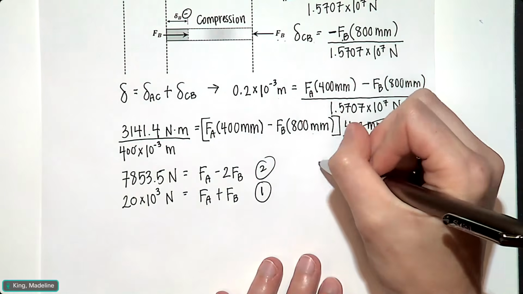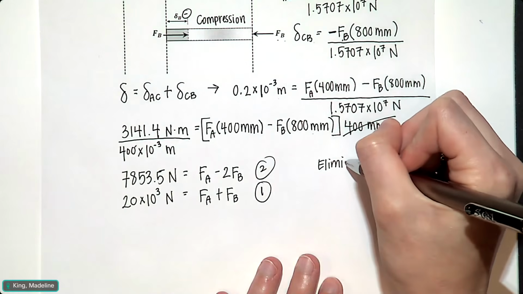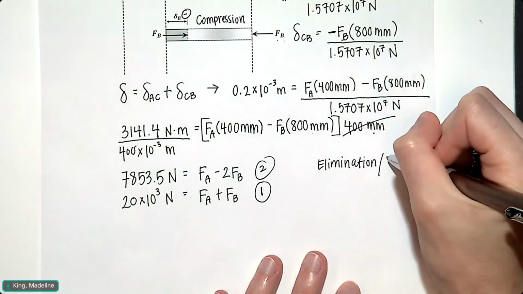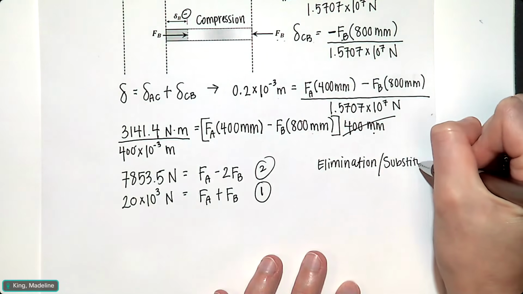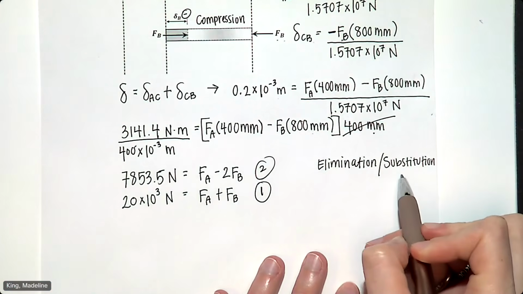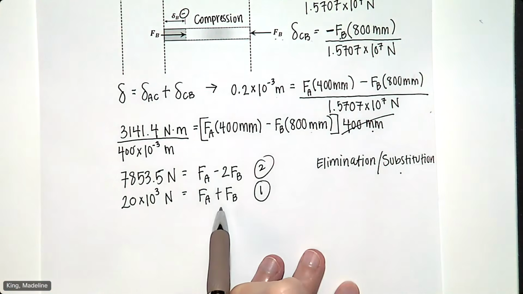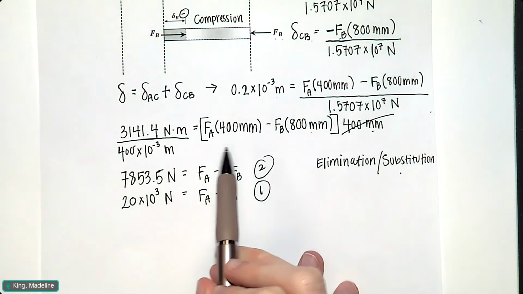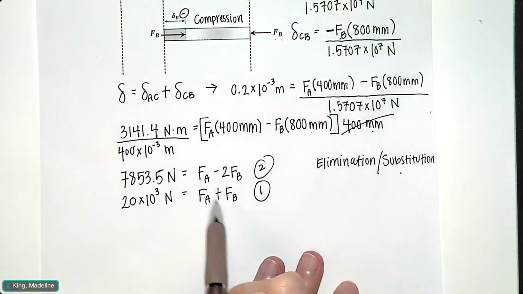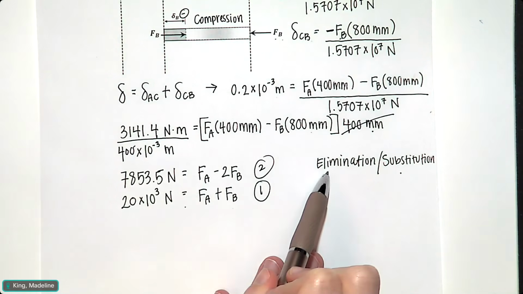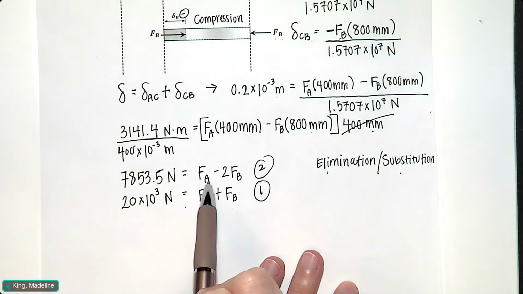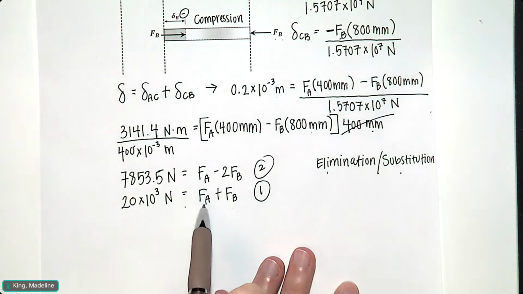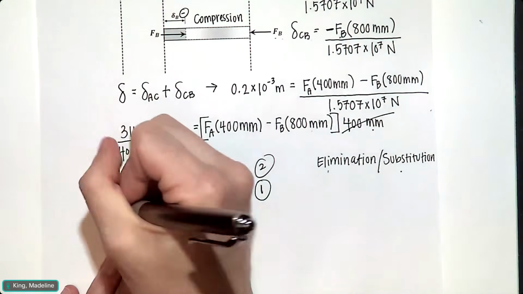You guys have learned, I think in high school or middle school, elimination or substitution. If you wanted to do substitution, you could rearrange equation 1 to solve for FA or FB, plug it into equation 2 to get one of your unknowns, and then plug it back into equation 1. I'm going to do elimination because I see that I have an FA here and an FA here. So if I multiply it by -1, I can get rid of one of my FAs. So I'm just going to do that.